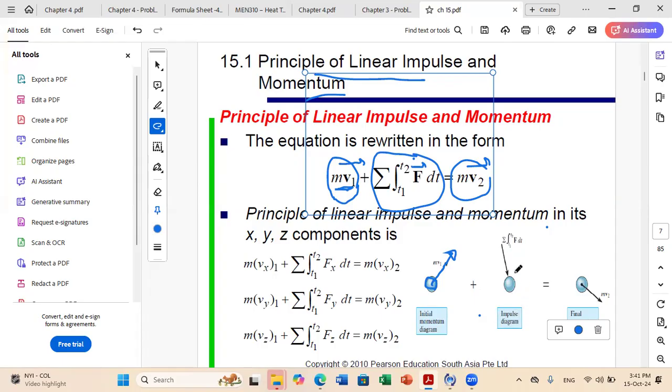In the impulse diagram, we represent all impulses, so integral F dt of all external forces acting on the particle, equals the final momentum diagram, which is mv2. We'll see that sometimes this graph can help us when doing problems, and we'll see how it can help us to solve our problem.